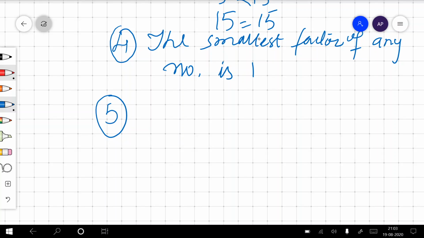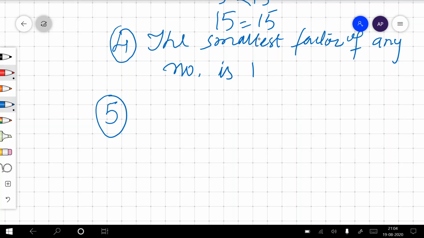Like 3 into 1, 3, 3 into 2, 6, 3 into 100, 300, 3 into 1000, 3000, and keep on doing this multiplication with 5 digit, 6 digit, 7 digit, 8 digit numbers. You will get the multiple. So in the case of the multiple, there is no largest number. Uncountable multiples you can give, okay?